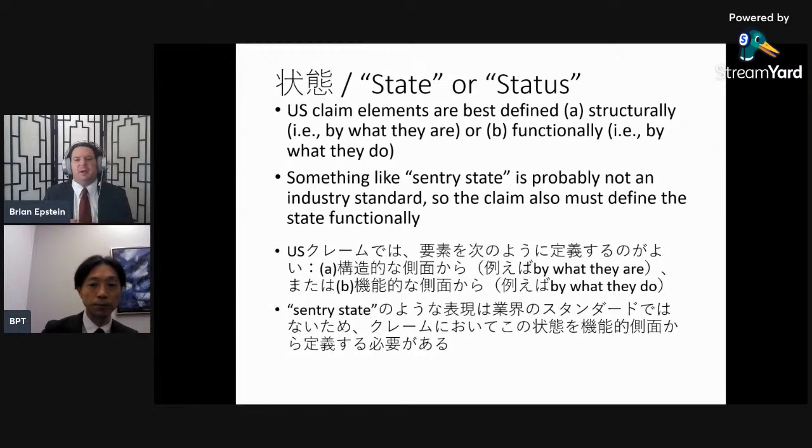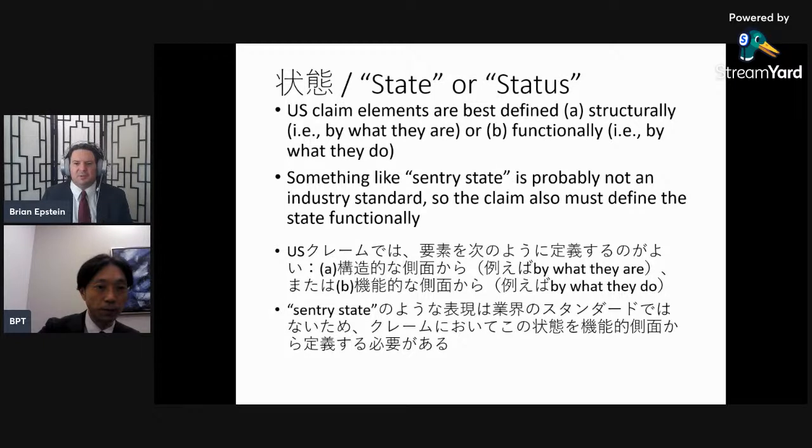When we talk about a percentage of calcium or a resistance value, those are structural. Whereas when we talk about something like dynamic or real time, these kinds of attributes are just things that particular elements have. They're just characteristics of them.